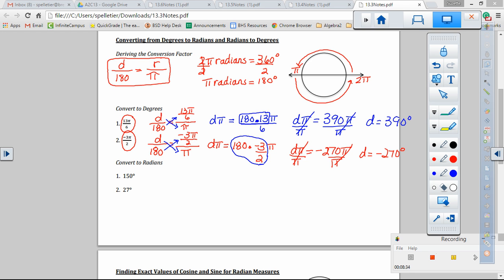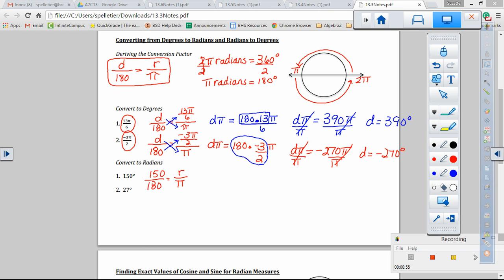Okay? So, lo and behold, when we convert to radians, we're going to do exactly the same thing, except now we're plugging these in for the d, because these are our degrees. So I have 150 goes in for degrees, so 150 divided by 180 equals r over pi.